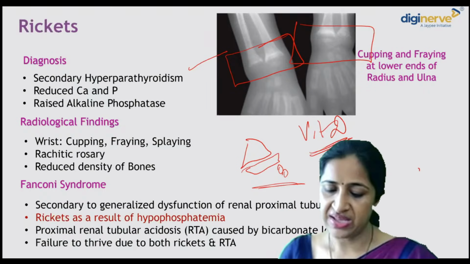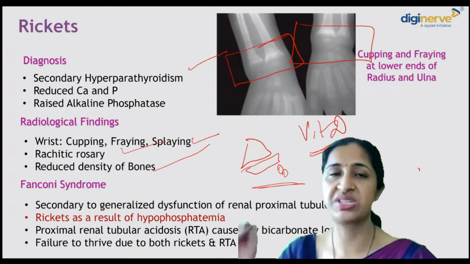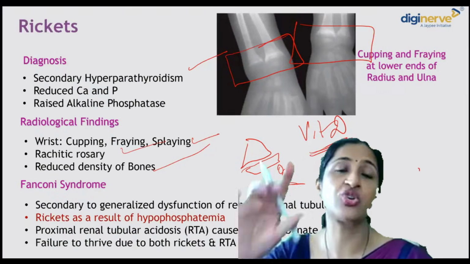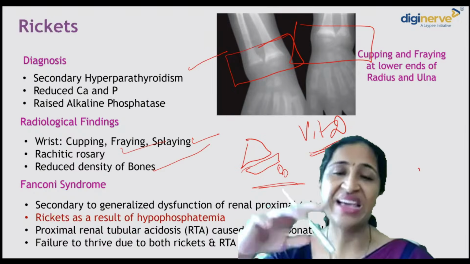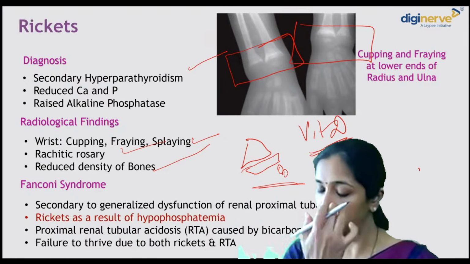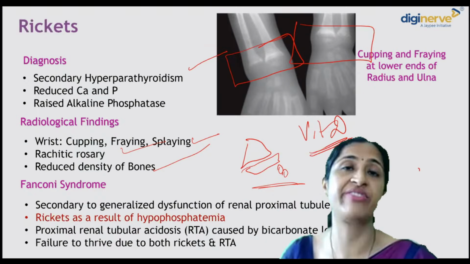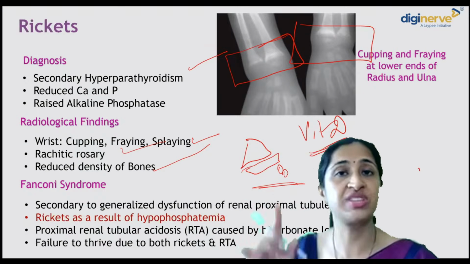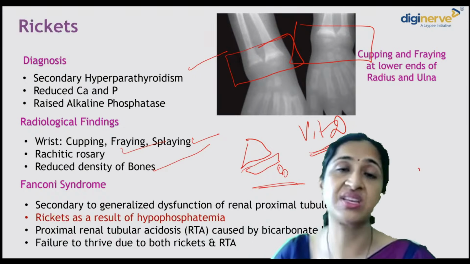So cupping, fraying, rachitic rosary, reduced density of bones. Another place you get a rosary is called the scorbutic rosary. This is a painful rosary. Rachitic is not painful, scorbutic is a painful rosary. Pelican spurs in scurvy, scorbutic rosary in scurvy, pseudoparalysis of Parrot seen in scurvy.